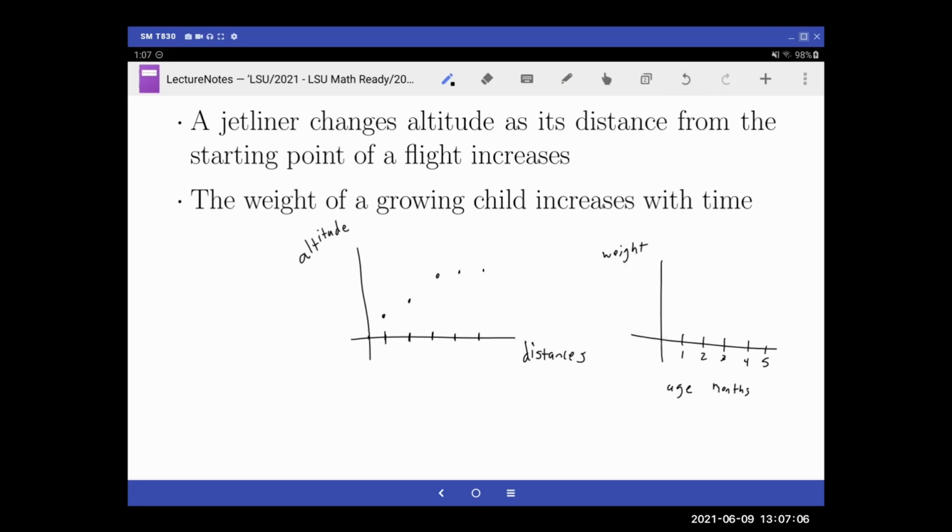Of course, they're born at a certain weight, and then they grow pretty fast the first few months, and so you might see something like that until they level off. So anyway, these are representations of functions, although we typically don't think of these as functions.